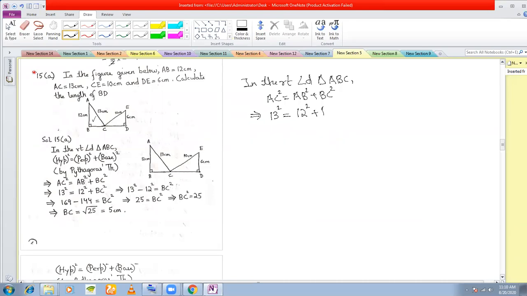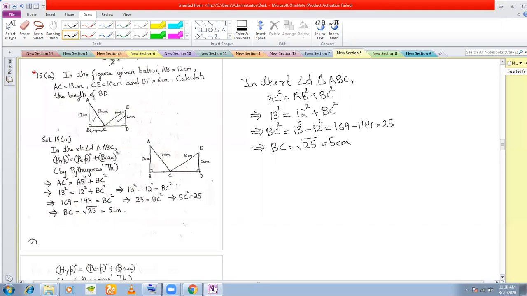We need to calculate BC. Therefore, BC square is 13 square minus 12 square, which is 169 minus 144, which is 25. So BC is square root 25, which is 5 centimeters. So we have managed to find out the length of BC.